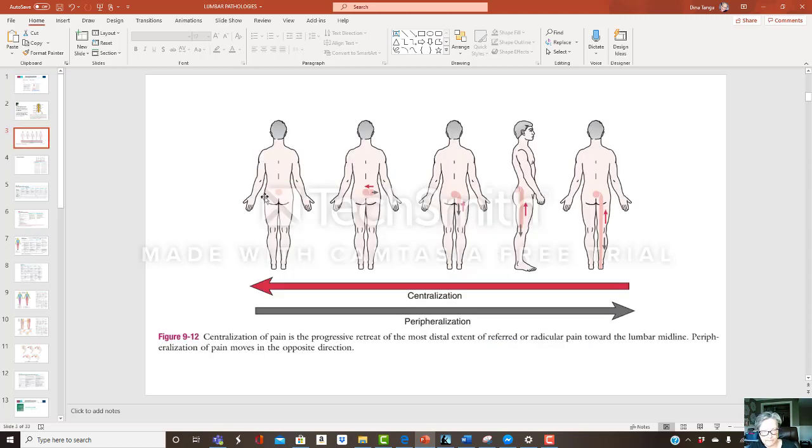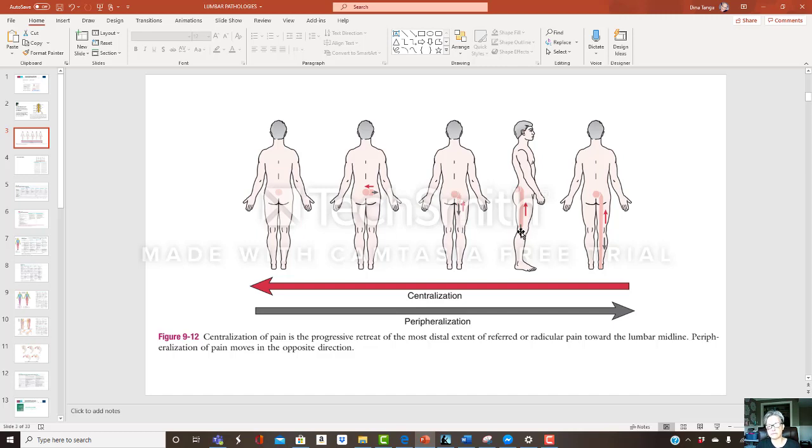Centralization of pain is the progressive retreat of the most distal extent of referred or radicular pain towards the lumbar midline. Peripheralization of pain moves in the opposite direction. So centralization, here's the main spot of the pain. That's where it starts. When it centralizes, it moves from distal to proximal, towards the primary location of the pain.